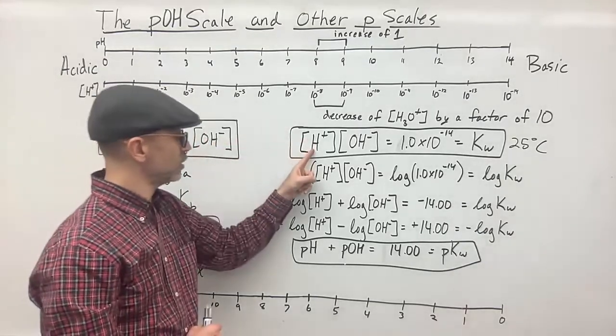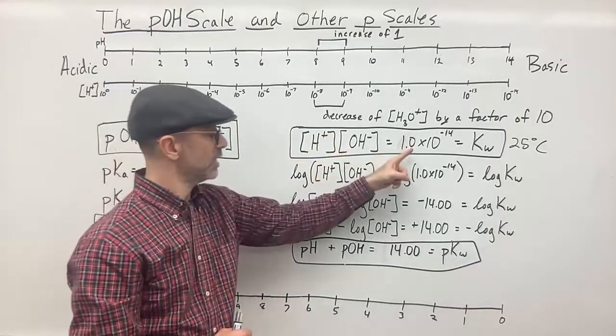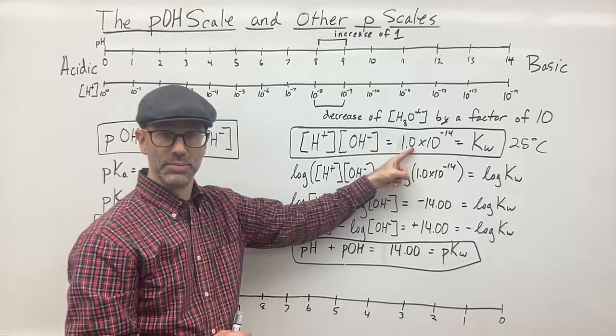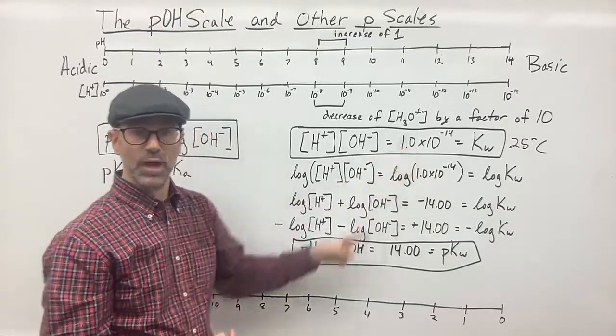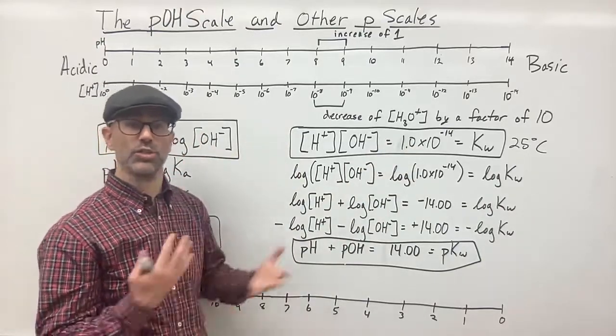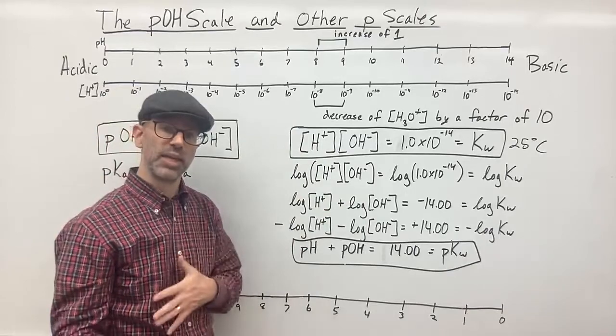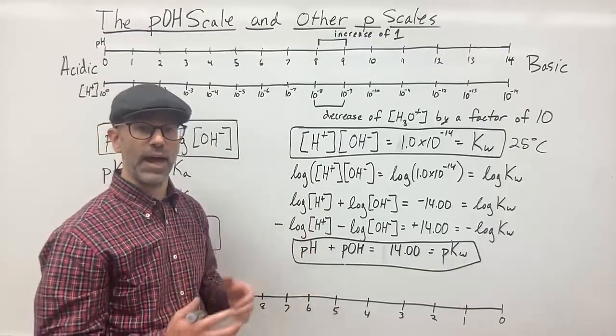And we know that H plus concentration multiplied by the OH minus concentration is equal to 1.0 times 10 to the negative 14, which is the Kw at 25 degrees. So we have four relationships here, four equations that we can use to solve problems involving pH and pOH and Kw and pKw and all of that.